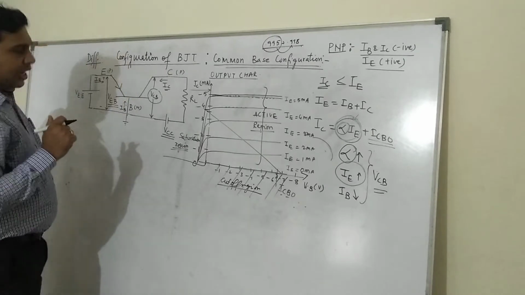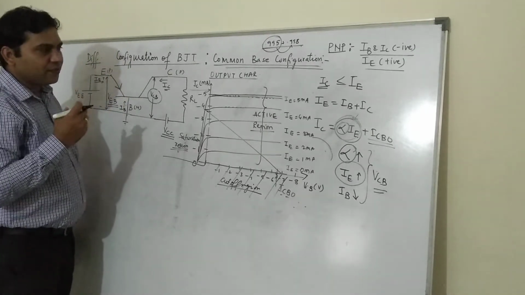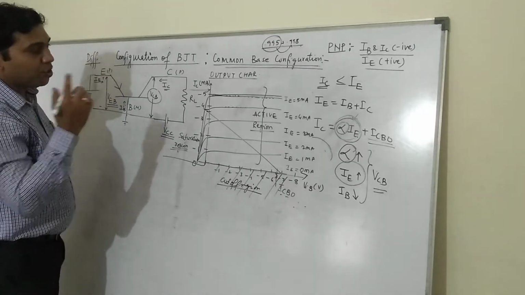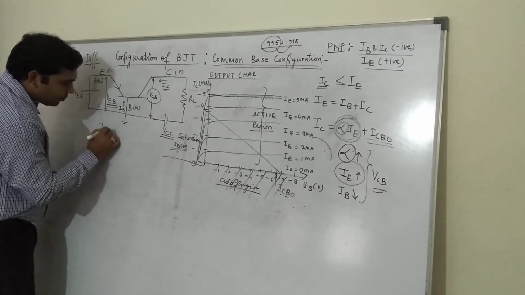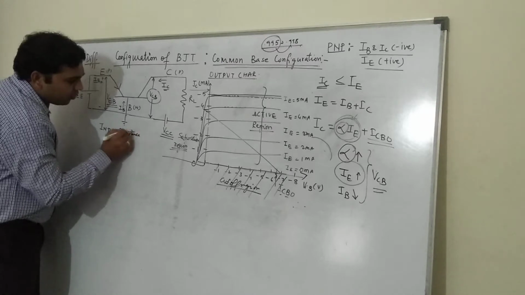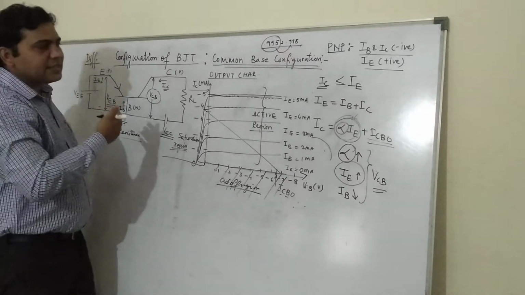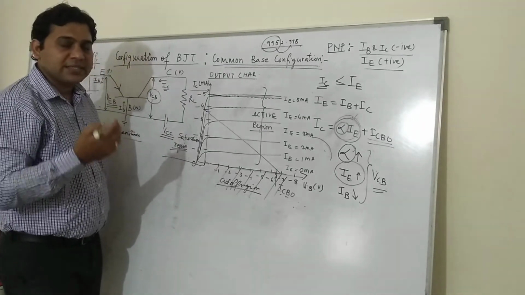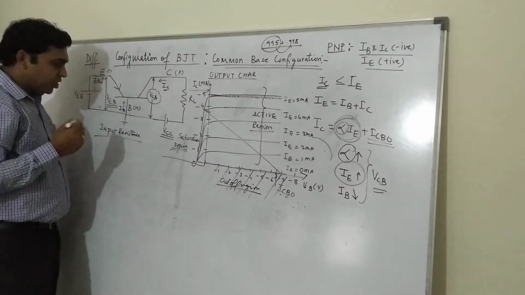Now, after the input and output characteristics, the third characteristic of the common base is the input resistance. Input resistance can be found from the input characteristics. The input characteristics are almost equal to the forward biased PN junction diode characteristics.